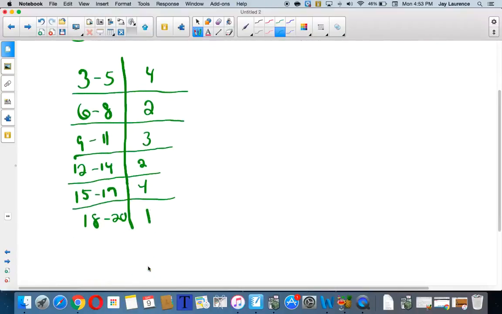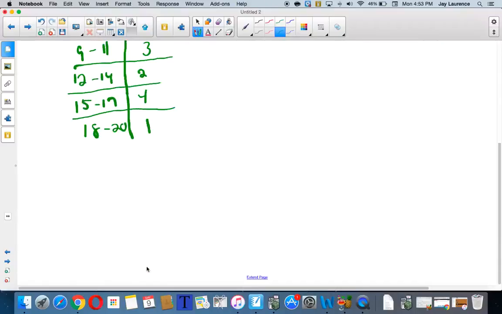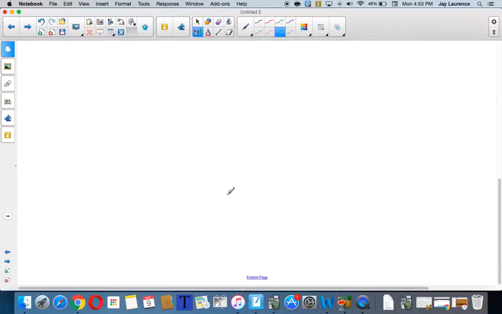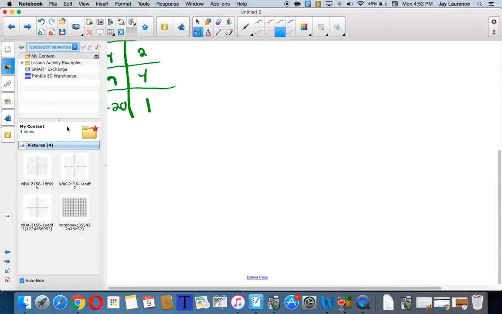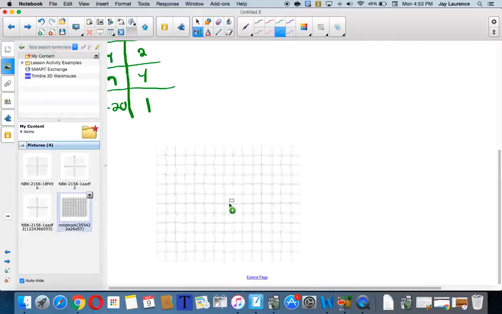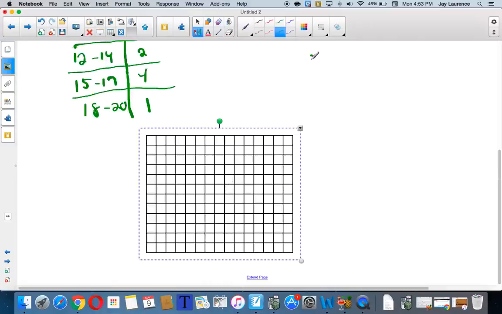All right, so when I go ahead and make my histogram, I think I might do it on graph paper here. 4 is the most, so let's make that 1, 2, 3, and 4. And then the first range will be from 3 to 5.